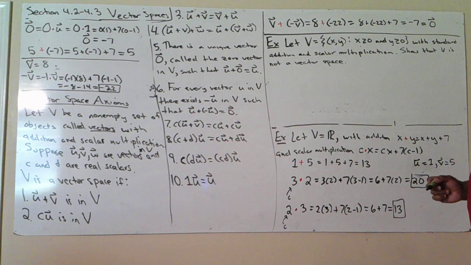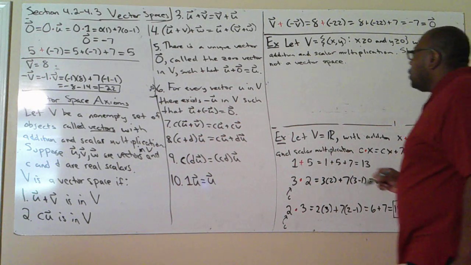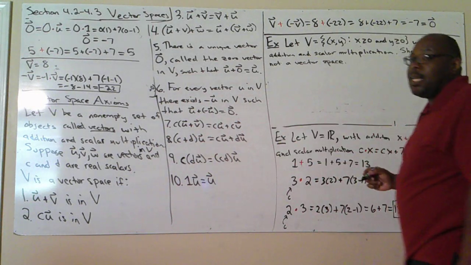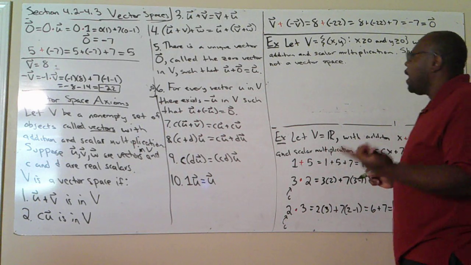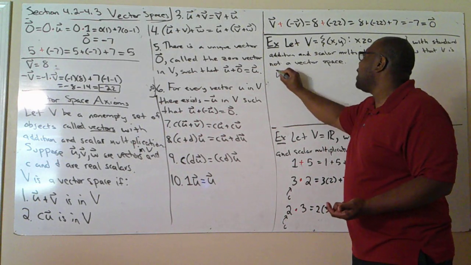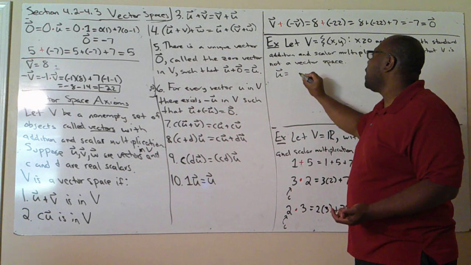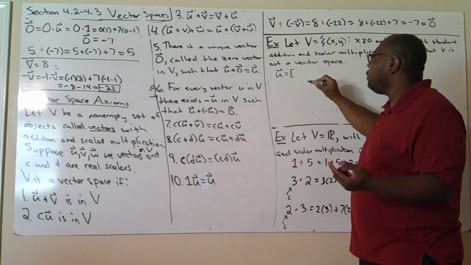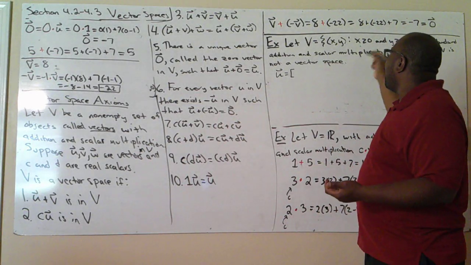Well, let's just go through some of the axioms here. Let's go through the first axiom. So the first one, we have u plus v is in V. So we have to pick a vector that's in my set. So I need to come up with a point, and I'm just going to write it in vector form, so that x and y are both greater than or equal to 0.